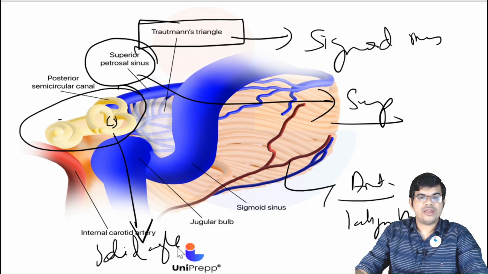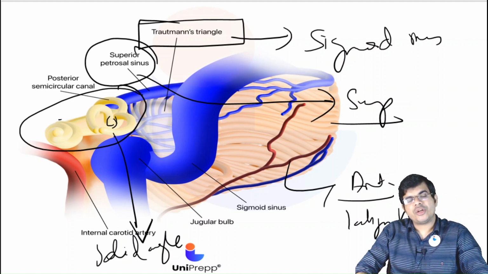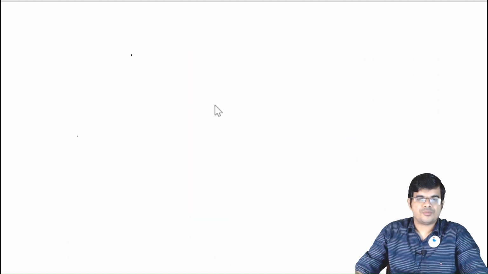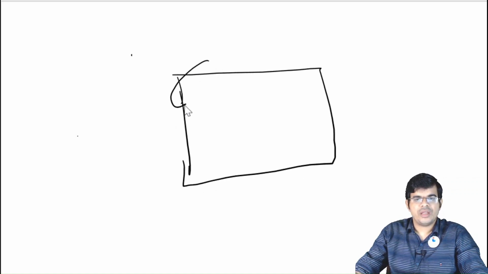Now how do you identify whether it is the lateral semicircular canal or the posterior semicircular canal? The canal which is nearer to the mastoid will be the lateral semicircular canal, right? If you have the medial wall of the mastoid here, it will be like this, the lateral semicircular canal.